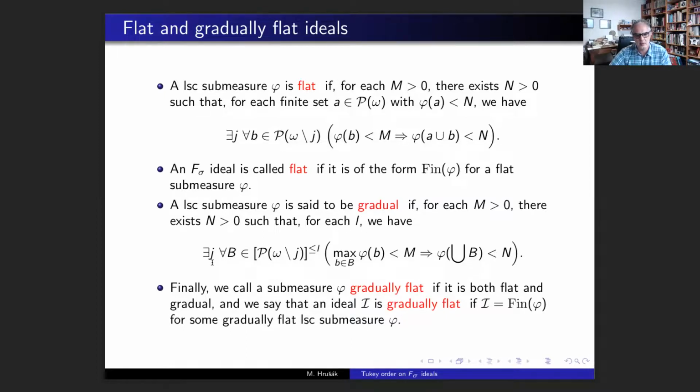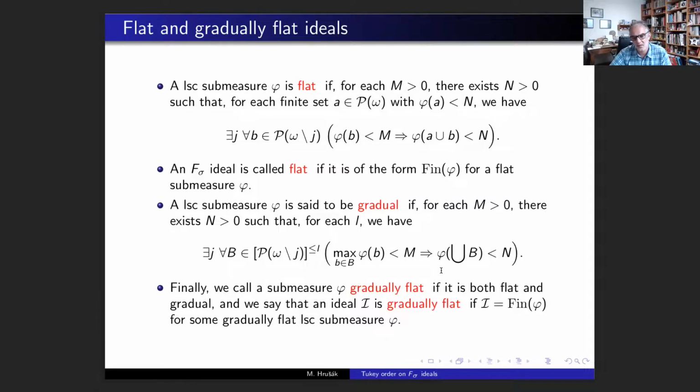Now it says that if we go far enough, so there is a J, and we take L many things which live past J, and each of them has submeasure less than M, then their union has submeasure less than N. So that means, again, if we want to take unions of as many things as we want of small submeasure, which is M, then we can uniformly bound these things by some number N, and we can take as many of them as we want as long as we go far enough, far away from zero.